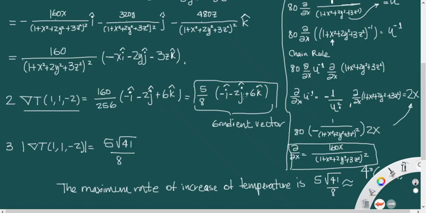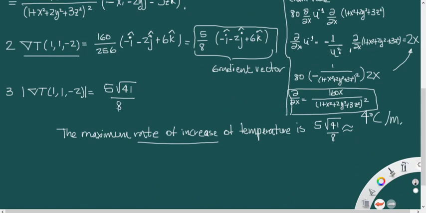Another question will be, what's the rate of increase of the temperature at that point? If we want to know that, we can calculate the modulus or the magnitude of the vector at that point. And if we do the calculations, the magnitude of this is equal to 5 times the square root of 41 divided by 8.